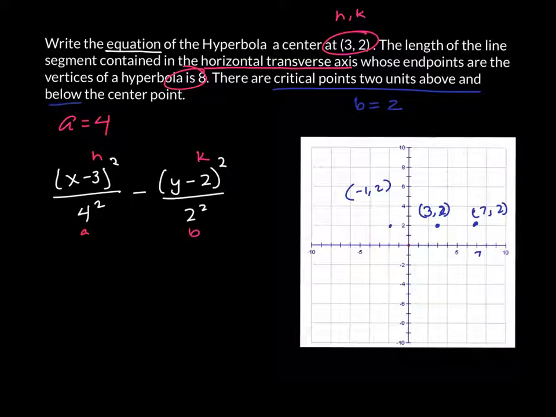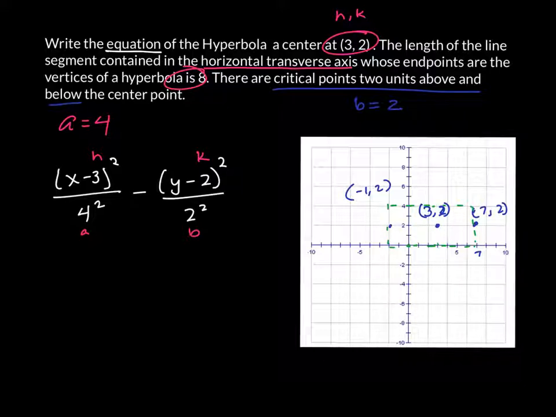So the next piece of information I'm going to use is my b. My b is above and below 2 units. So my b value, changing the colors here, is here and here. So my imaginary box that I'm drawing in for my hyperbola looks like this.